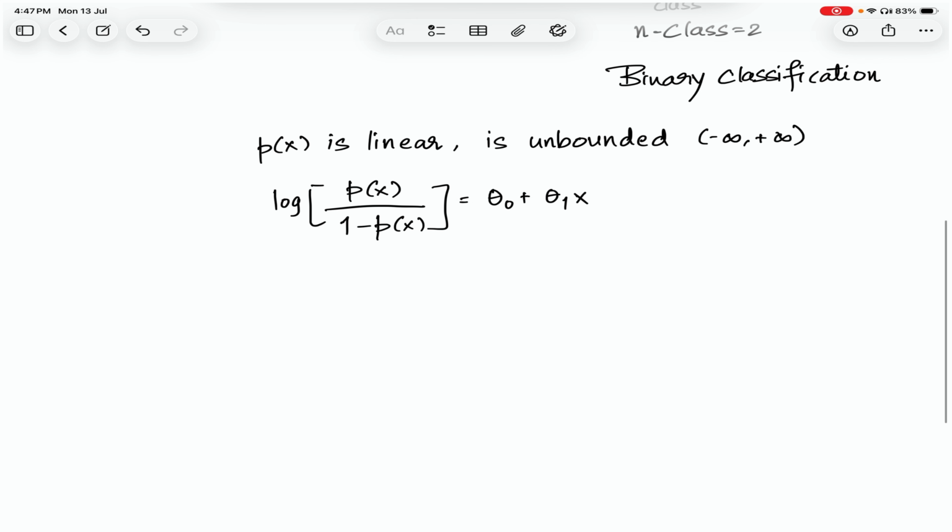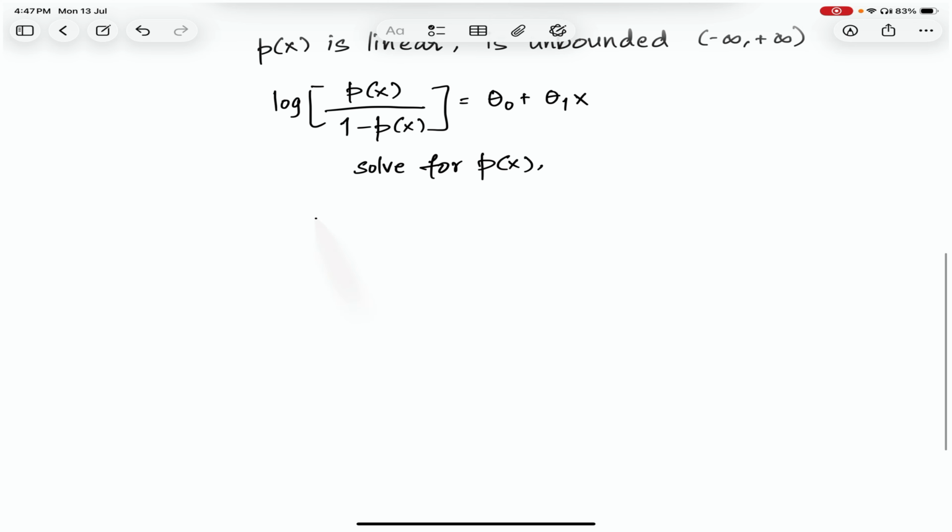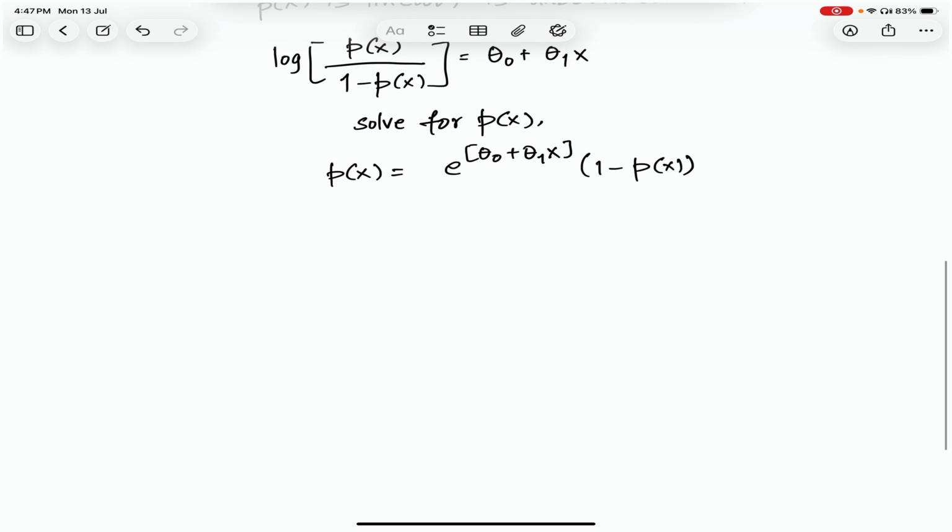As such, and simplify, we'll just solve this for p of x, which should give us p of x is exponential of theta 0 plus theta 1 x times 1 minus p of x, which should give you exponential.